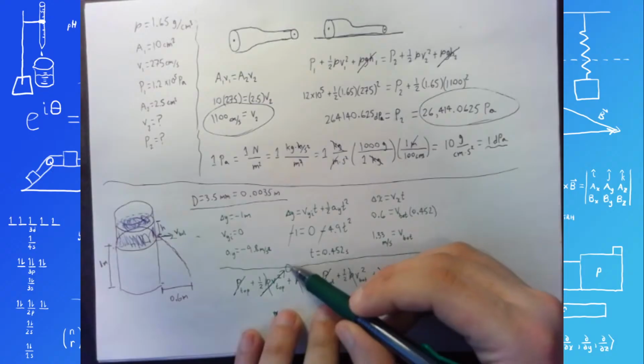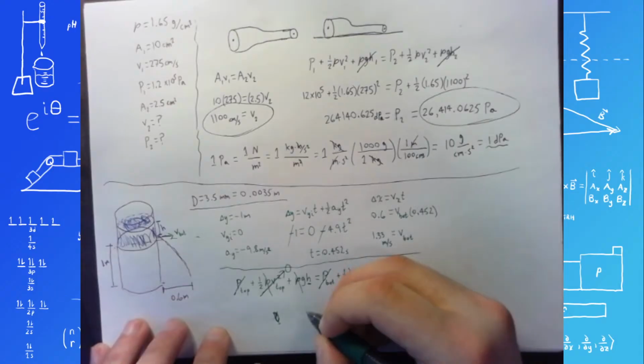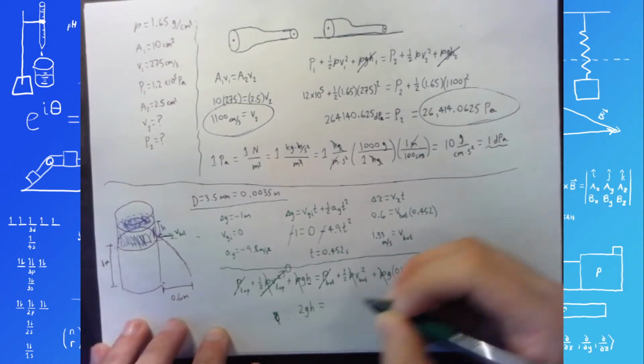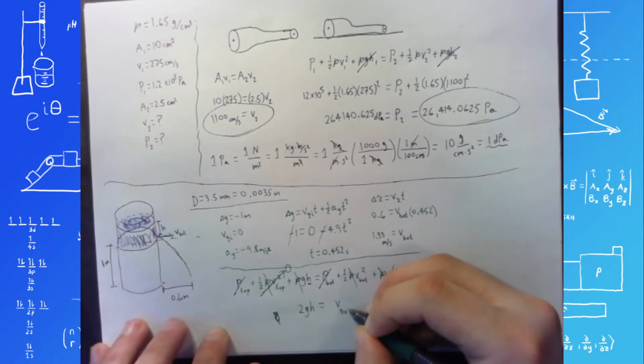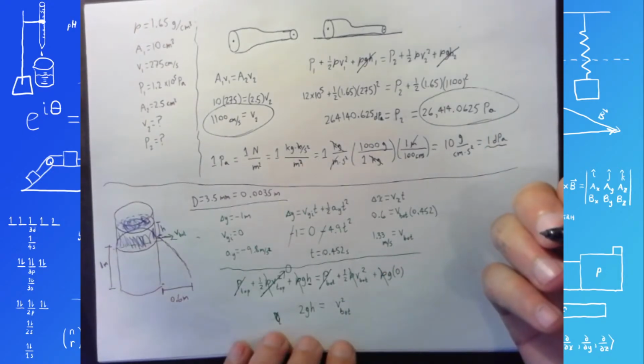But yeah, approximately 0, really, really tiny, so we can get away with approximating it as 0, and that leaves us with just gh is equal to, or rather 2gh is equal to, we canceled the 1/2, is equal to v bottom squared. So yeah, it's just Torricelli's theorem again, the simple case of Bernoulli's equation.